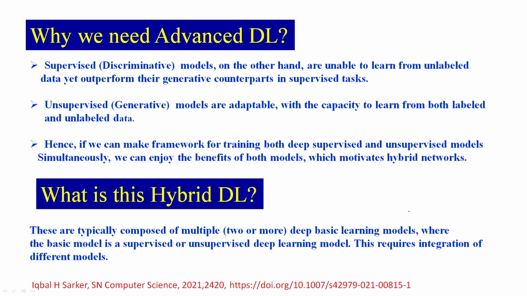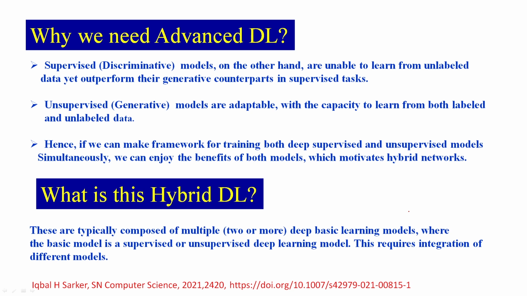So, first let us talk about why you need advanced DL methods. As you know, supervised models are unable to learn from unlabeled data, but they outperform the unsupervised generative counterparts. That is very important to understand. These models cannot learn from unlabeled data because they are supervised models, but in some cases they can give better performance compared to unsupervised learning.